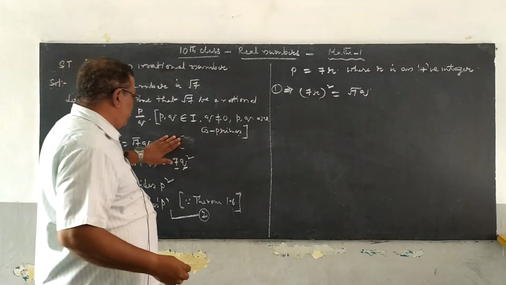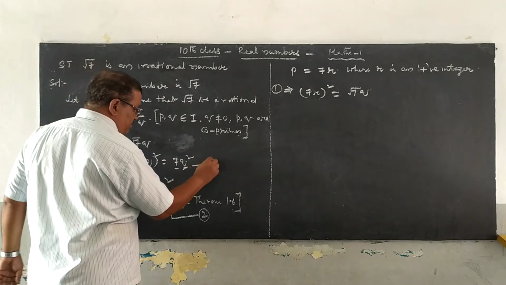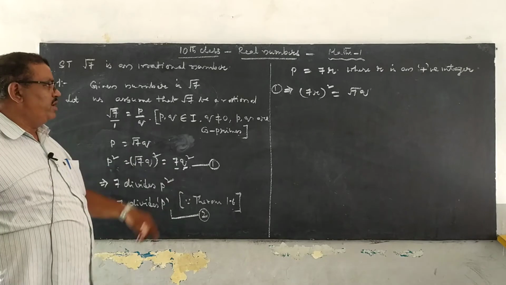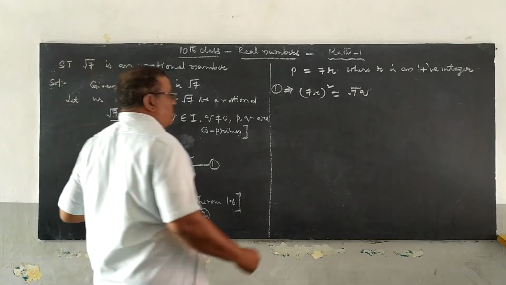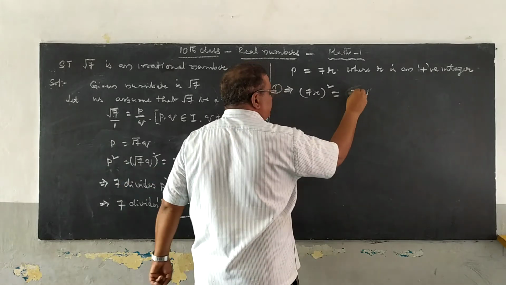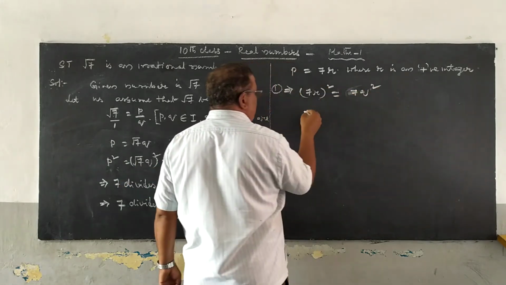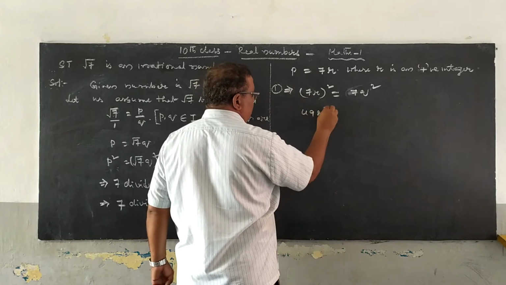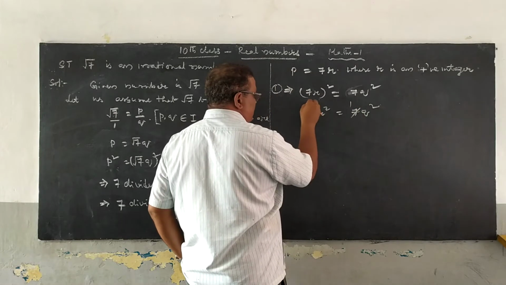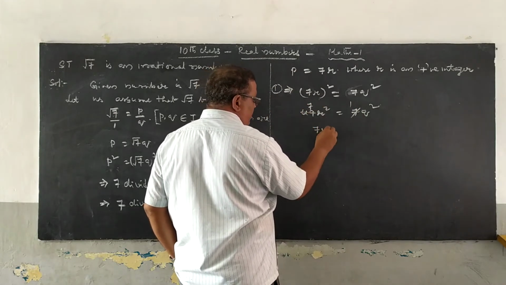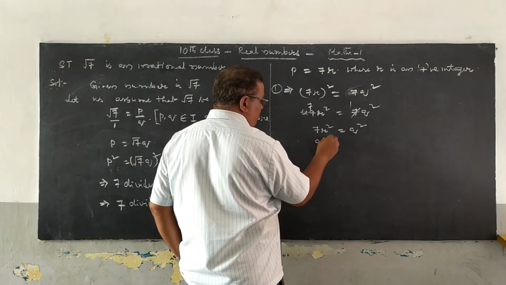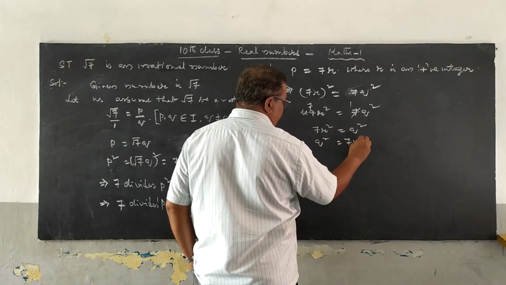So p square equal to 7 q square, that is, 7r whole square equal to 7 q square. 7r whole square is 49 r square equal to 7 q square. Dividing by 7, 7 r square is equal to q square, that is, q square equals 7 r square.